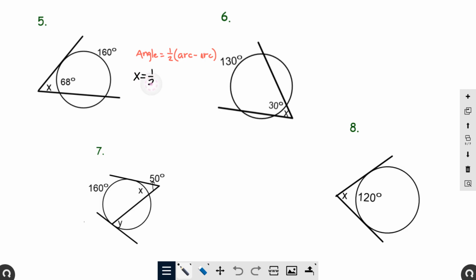X equals 1/2. Go furthest arc, closest arc. Good. 160 minus 68 is, and then half of that.